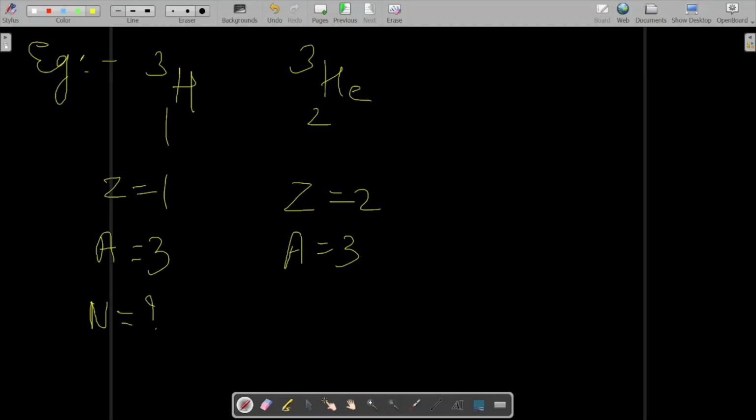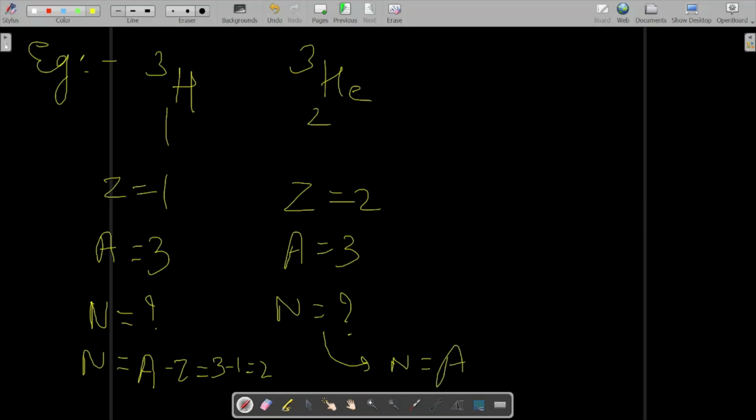N is equal to A minus Z. So 3 minus 1 is equal to 2. Similarly, N is equal to A minus Z, 3 minus 2, which is equal to 1.